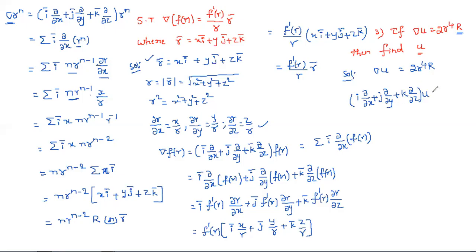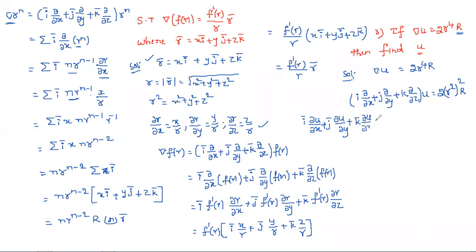So simply we can write 2 into r power 4, which you can write as r square whole square, and capital R. And now you can multiply u inside, so we get i into dou u by dou x plus j into dou u by dou y plus k into dou u by dou z.